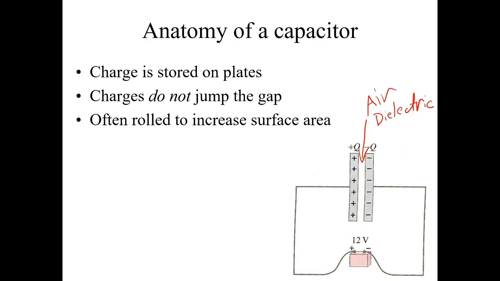And what they'll often do is they'll take the two plates, I don't know if I can draw two plates, something like that, almost like a swirl, and they'll curl them together. They'll roll them up to try and increase the surface area. So a lot of capacitors that you see and you might use in a lab will look like a little can or a little jar, because inside there it's rolled up. They're trying to increase the surface area. The more surface area, the more charge. So if you can imagine taking two pieces of aluminum foil, maybe put a piece of paper between them, and then you could roll them up really tightly.